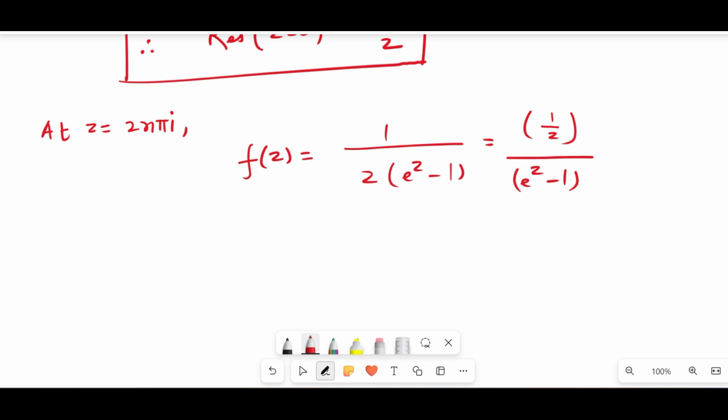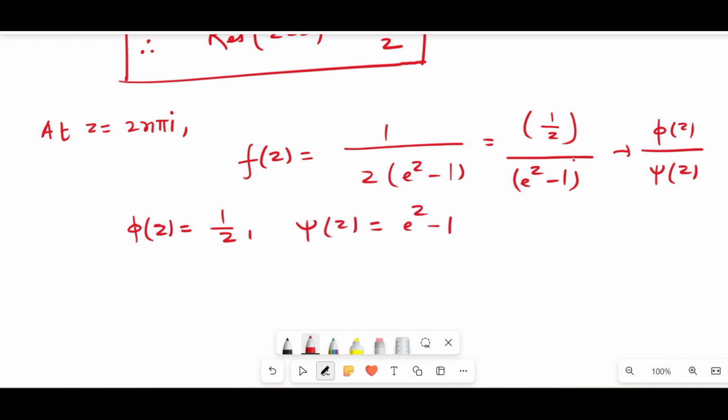By comparing with phi of z upon psi of z, here phi of z is equal to 1 by z and psi of z is equal to e to the power of z minus 1.